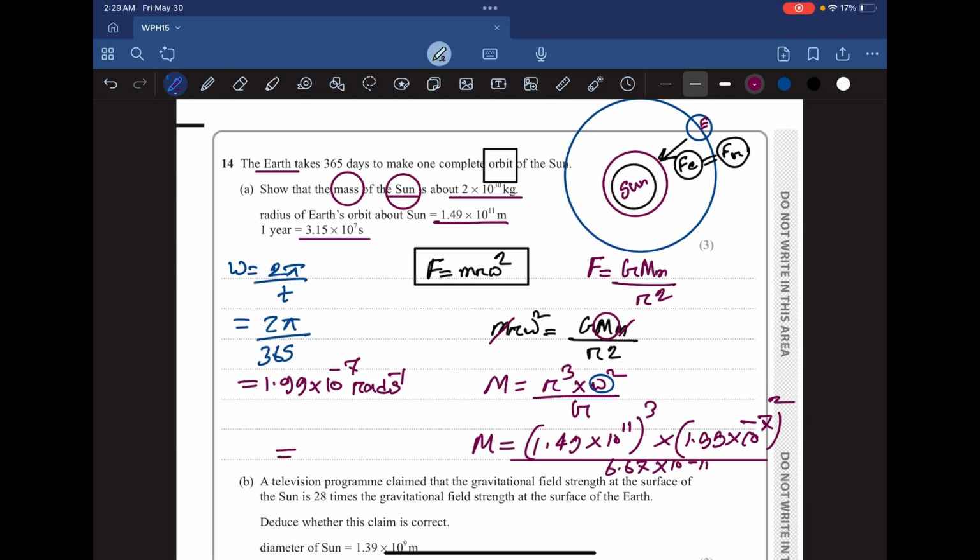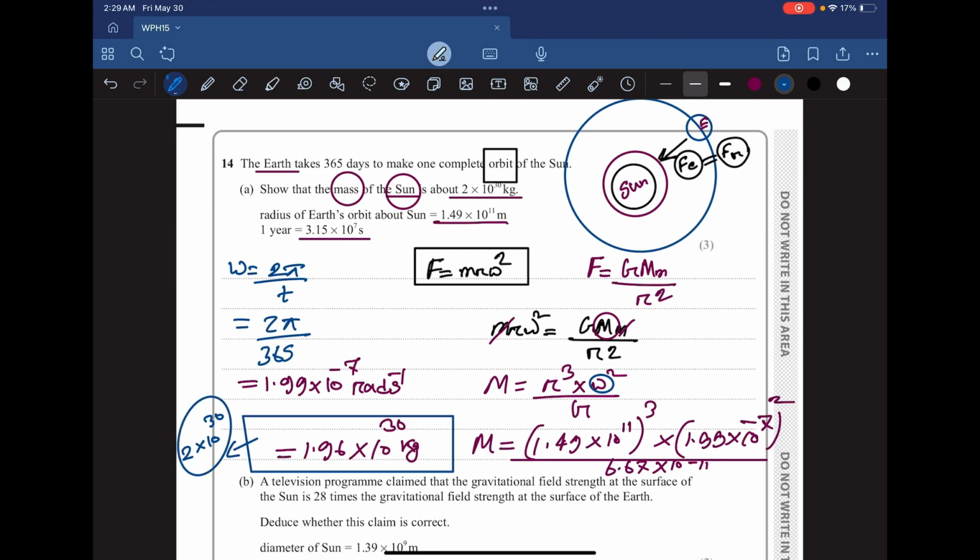This will give us a value of M as 1.96 into 10 to the power 30 kg, which is basically the value that they have asked us to show. We can write the answer as 2 into 10 to the power 30. So basically this is going to be our final answer.